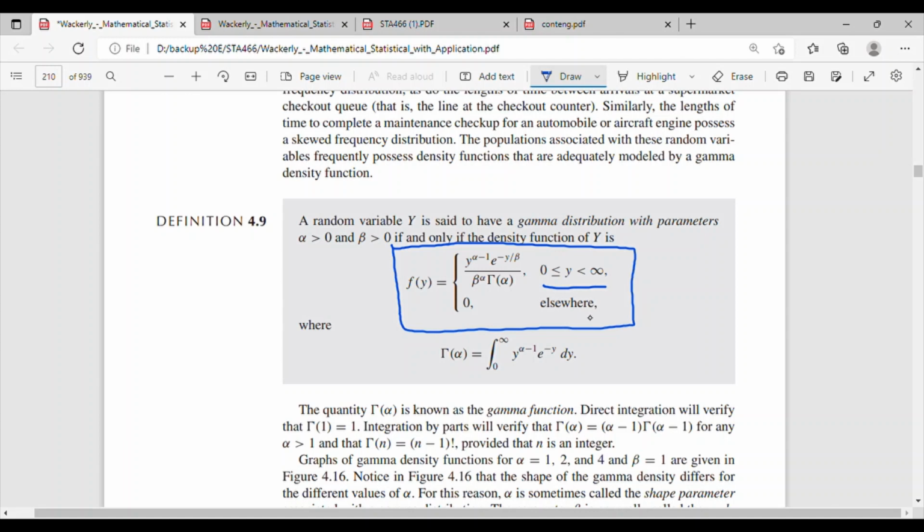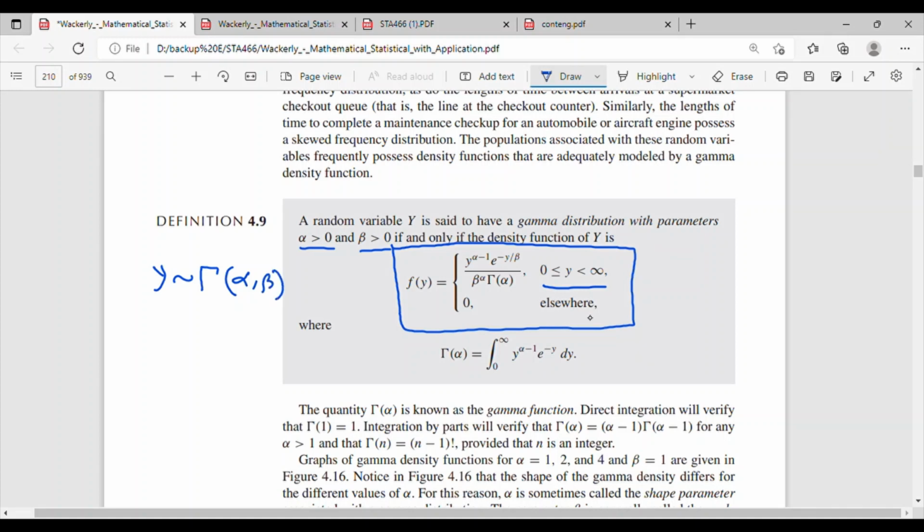The parameters for gamma are alpha and beta, and both should be positive values. Let's say our variable is y. Sometimes we can write the gamma distribution like this, with the symbol gamma and parameters alpha, beta.